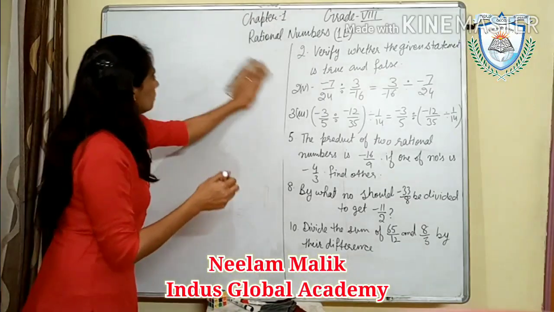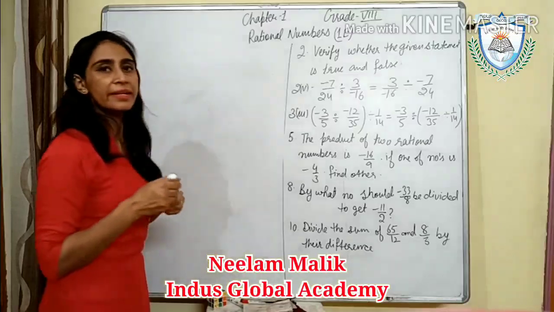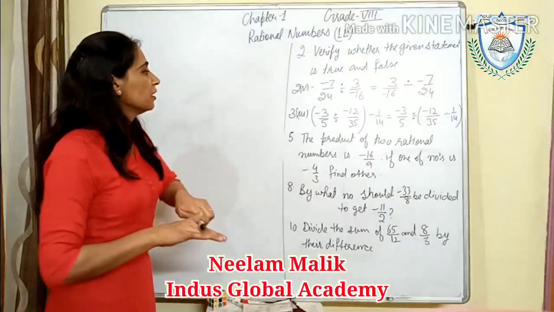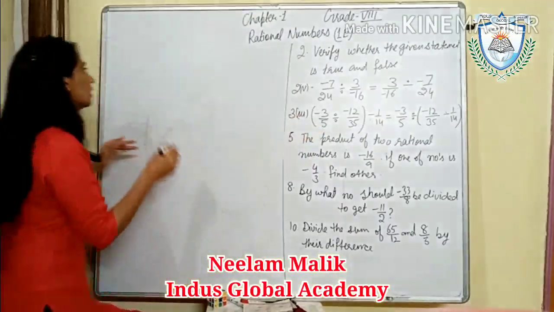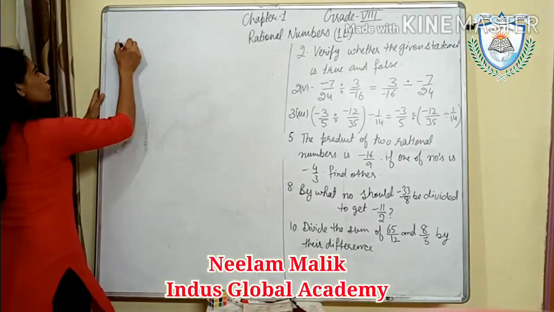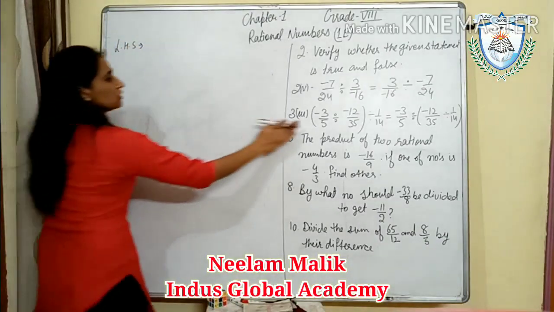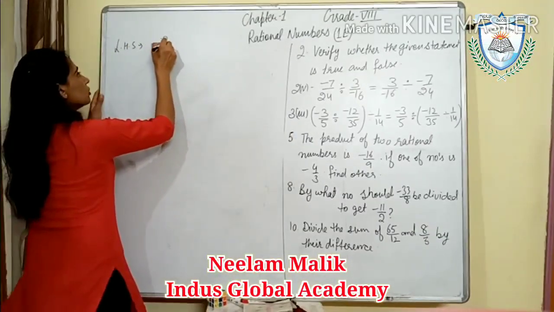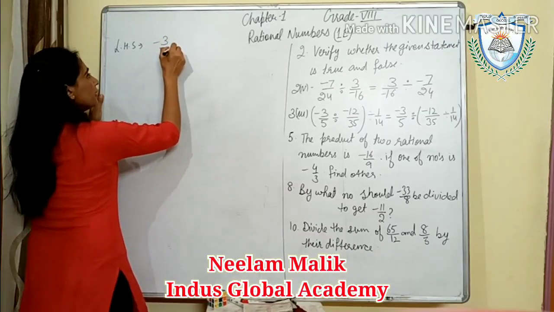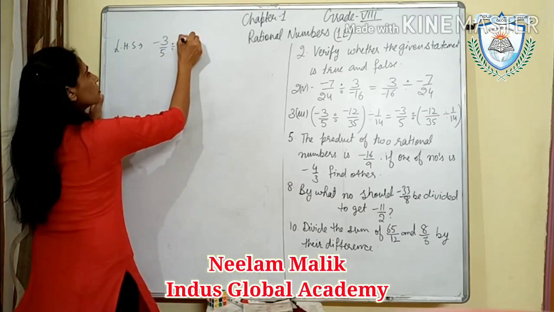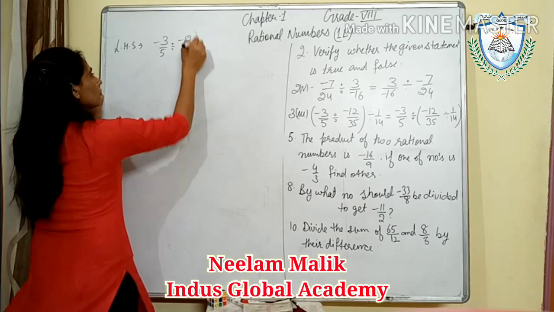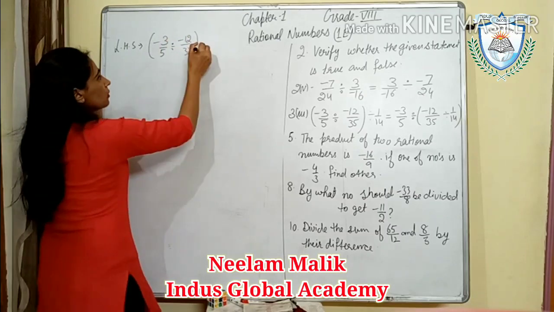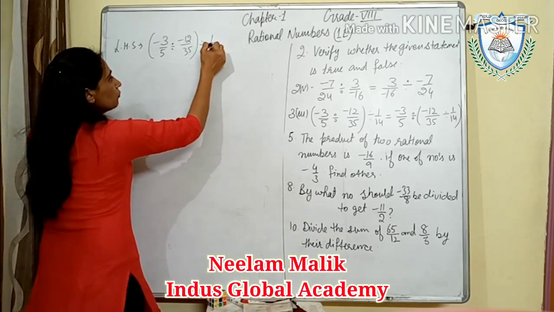First, I'm directly writing the left hand side and the right hand side. The statement is here. So what is our left hand side? Left hand side is minus 3 upon 5 divided by, within brackets, minus 12 upon 35 divided by 1 upon 40.